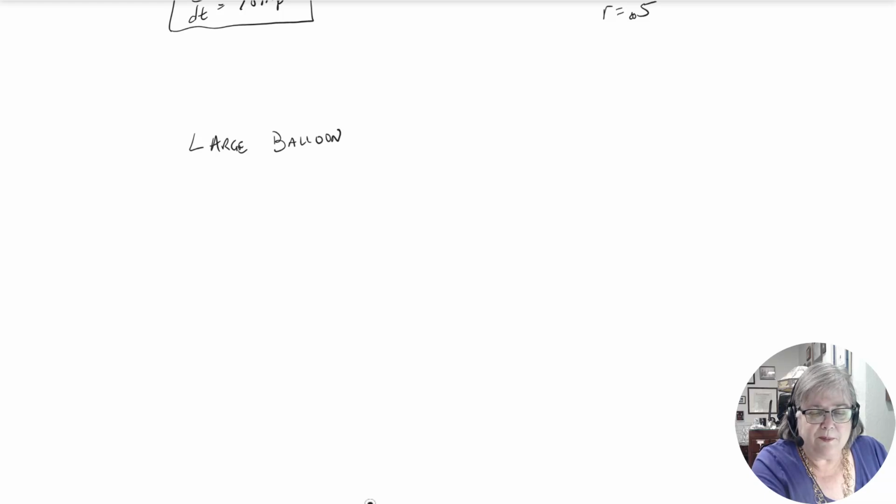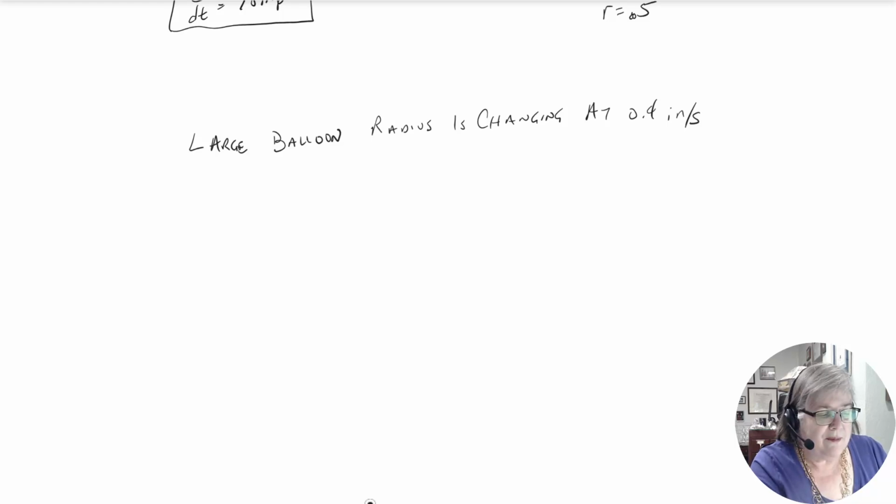And the air pump is blowing it in at a rate where the radius is changing at 0.4 inches per second, which doesn't seem like much, right?